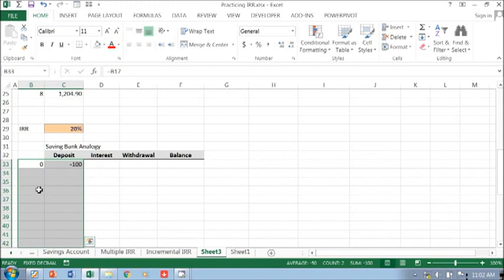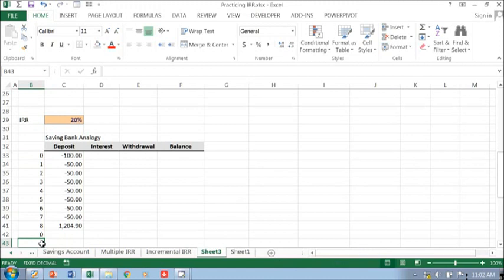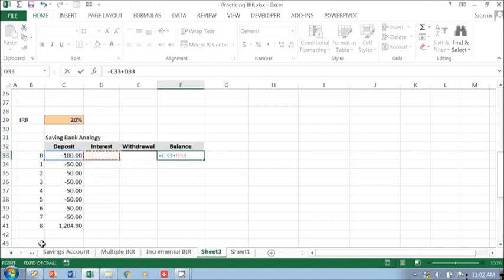Okay, and then as I said, this is 20%, so your balance is your deposit plus the interest that you get from the bank minus the withdrawal.